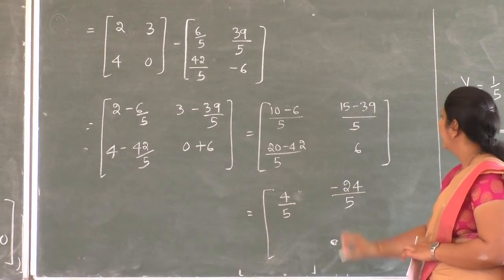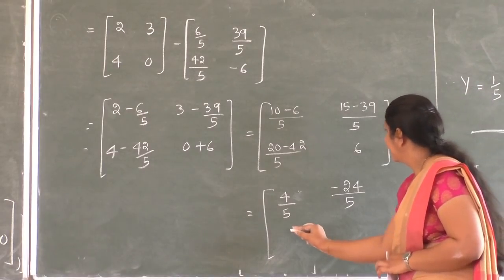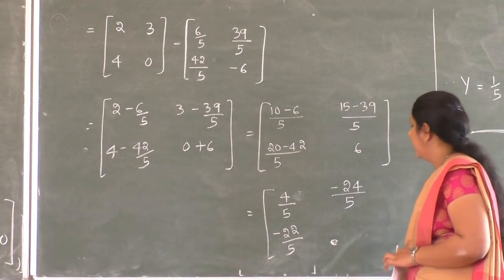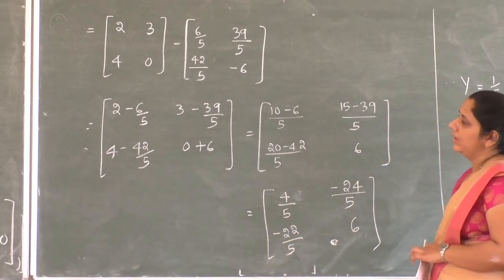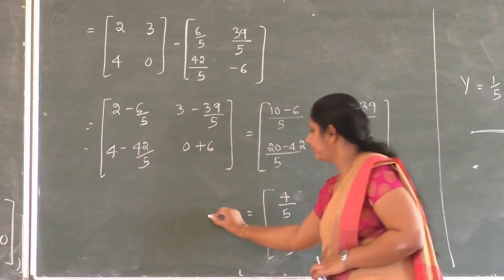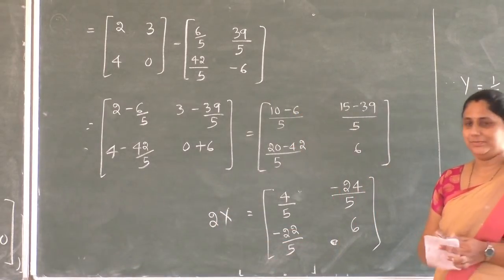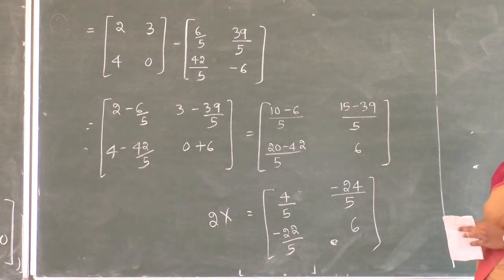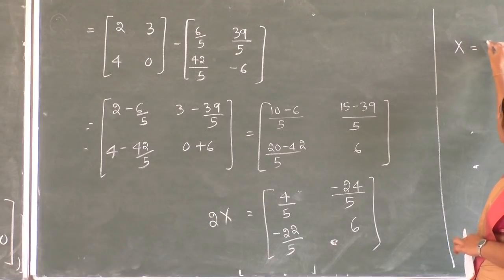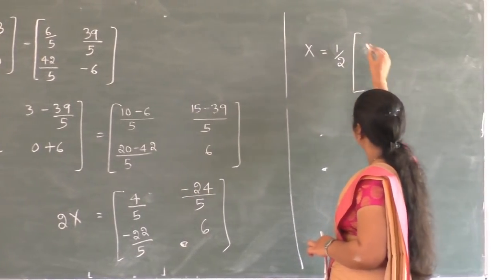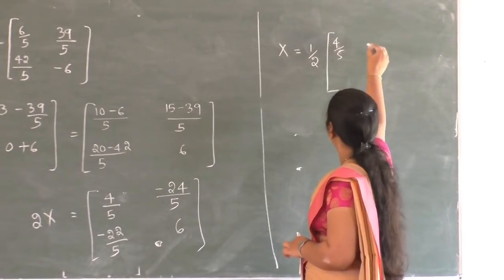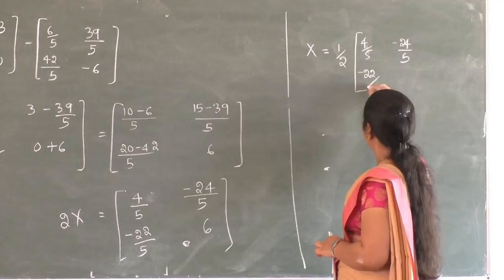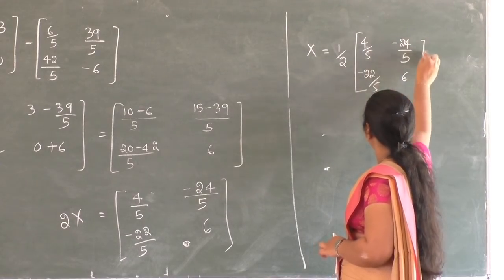24 by 5, and here minus 22 by 5, and here 6. So this is matrix 2x. Now we have to find x, that is x equal to 1 by 2 times [4 by 5, minus 24 by 5, minus 22 by 5, 6].